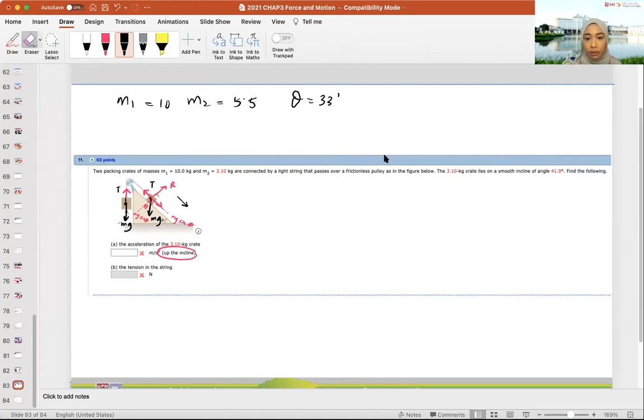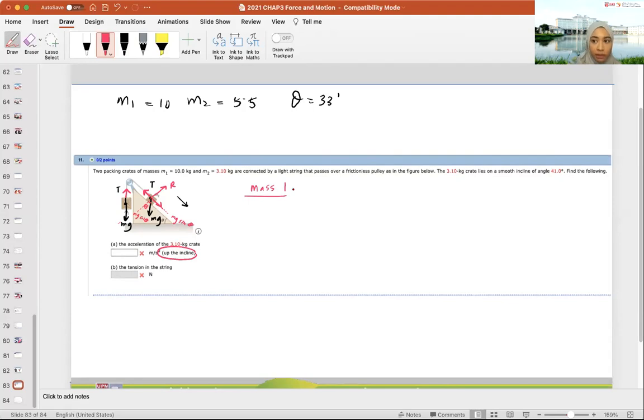So draw. Okay, so we start with our condition. We know that this guy is supposed to move. It has acceleration, right? So we know that the condition will be MA somewhere. So for mass number one, what is equal to MA? Is it net in the FX or is it net in the FY?